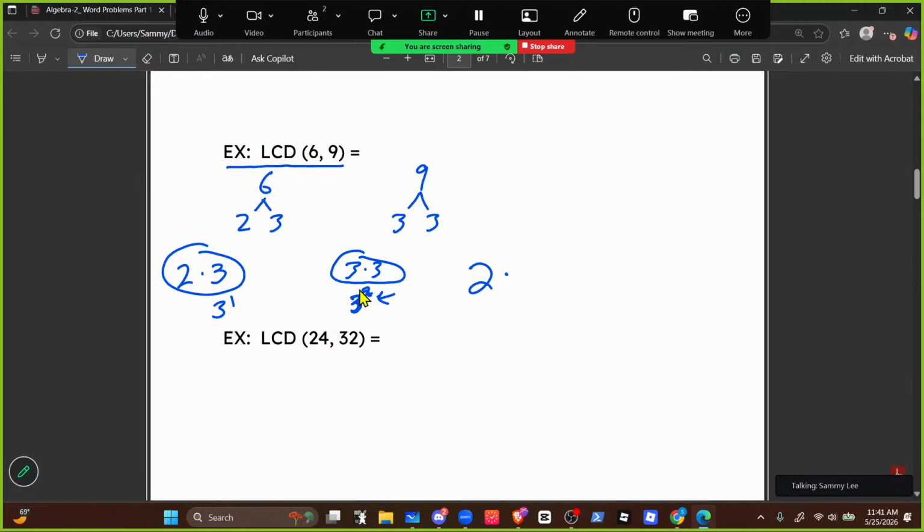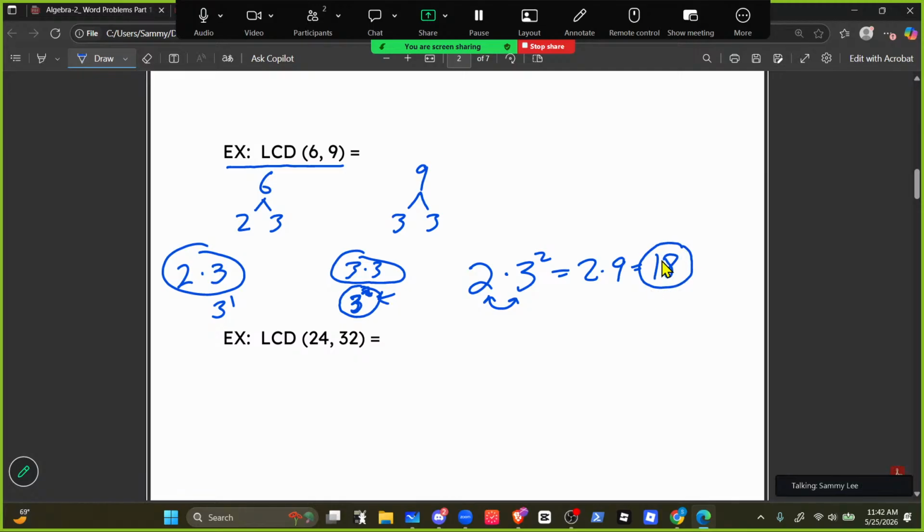So what I mean is, you want to take the one with the higher exponent, which is this one. The exponent on this is 2. So you're going to take out a 3 squared and then multiply. Take the product of these two. 2 times 9, 3 squared, okay? 2 times 9 is going to be 18. And that's going to be your LCD.